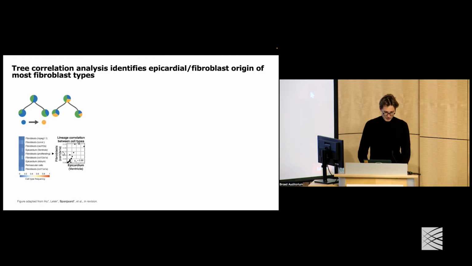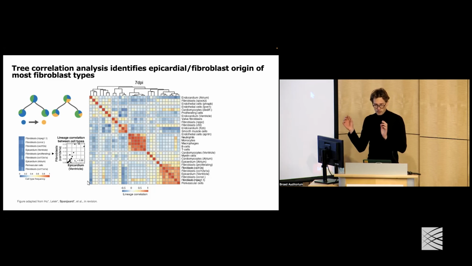You can aggregate this in a scatter plot like this, where we just compare two different populations here, the collagen 12 fibroblasts and these epicardium cells. Each dot here would be a node in this lineage tree and would correspond to how many cells did we see from cell type 1, how many cells did we see from cell type 2, and that gives you a correlation value between these two different cell types.